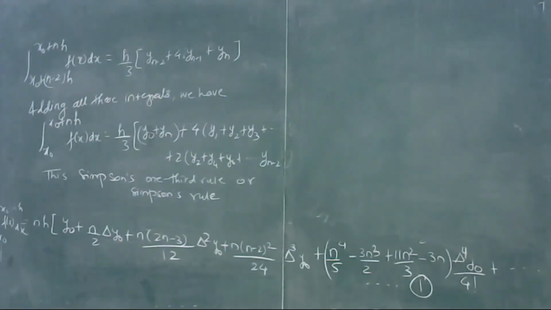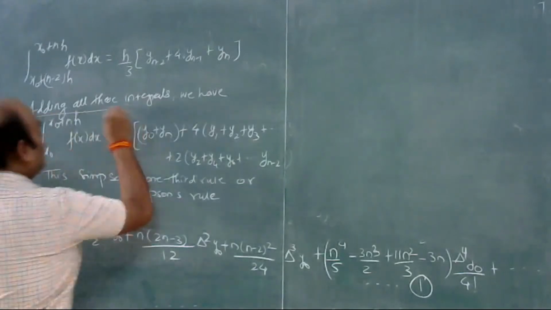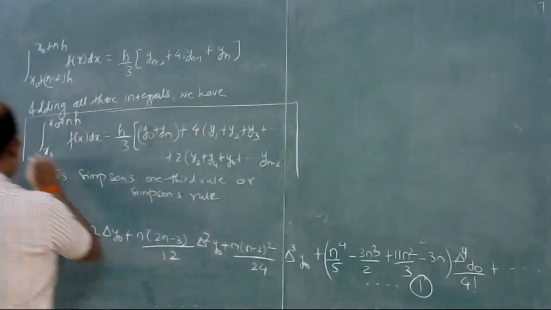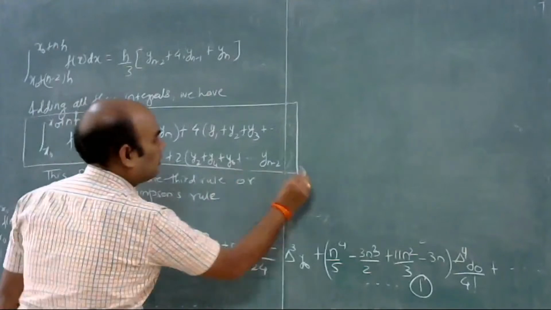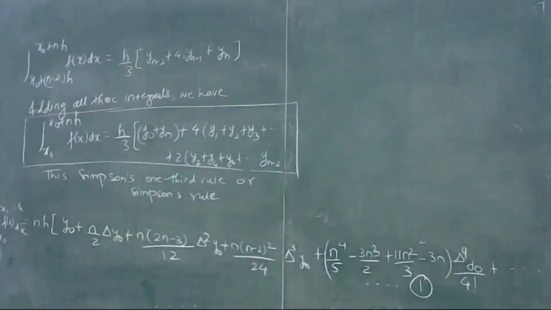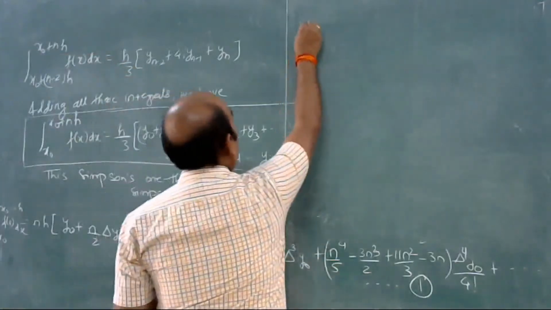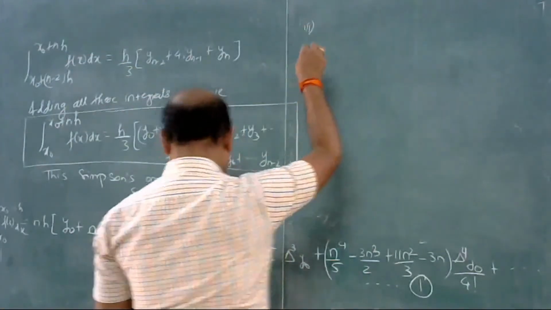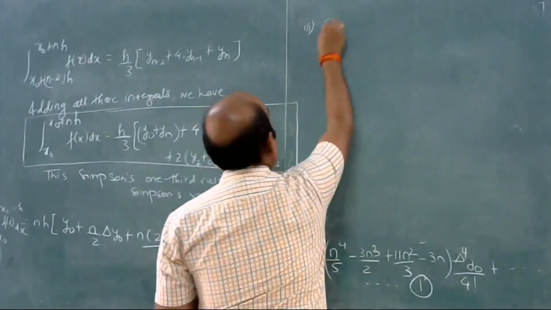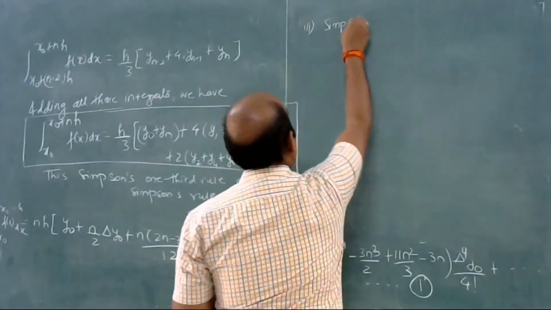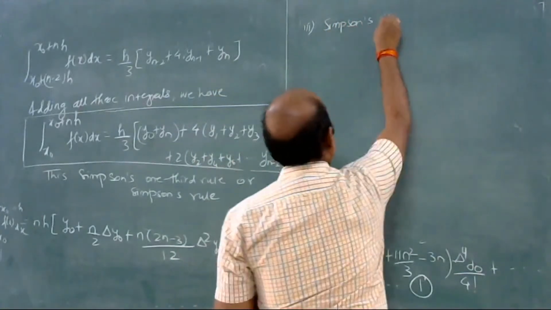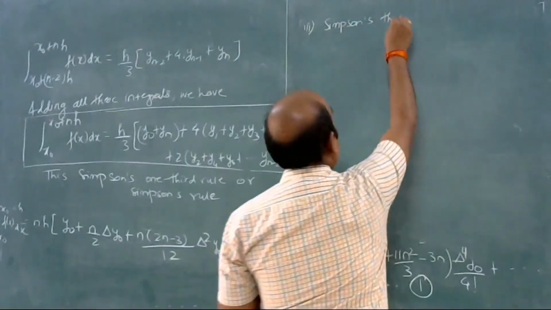So this is Simpson's 1/3 formula. So next, the third one is Simpson's 3/8.